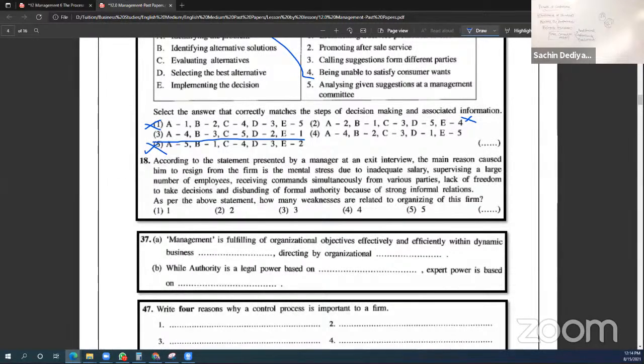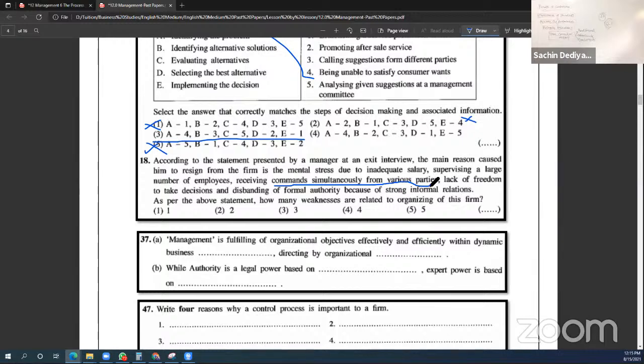According to the statement presented by a manager at an exit interview, the main reason that caused him to resign from the firm is the mental stress due to inadequate salary. Supervising a large number of employees, or a span of control. Receiving commands simultaneously from various parties.